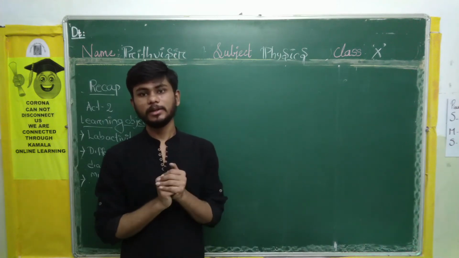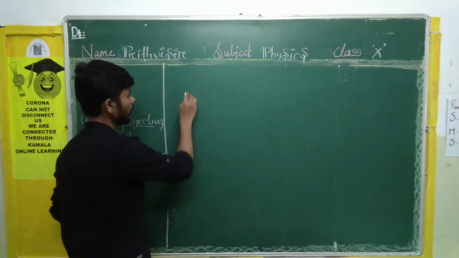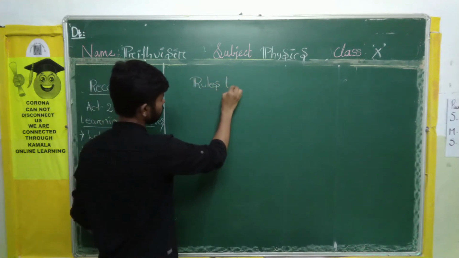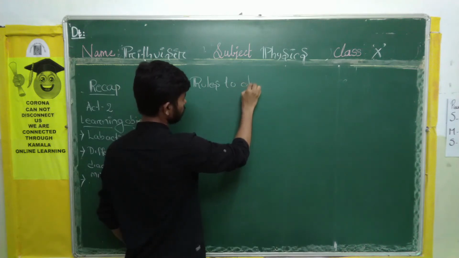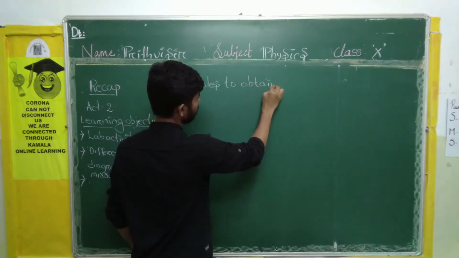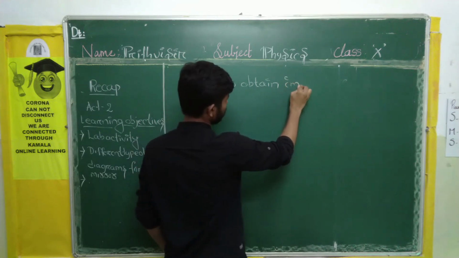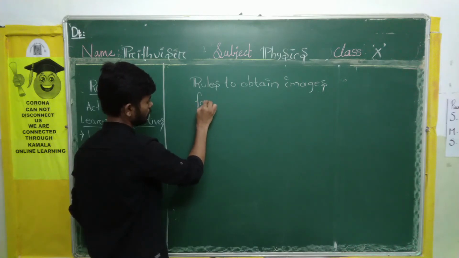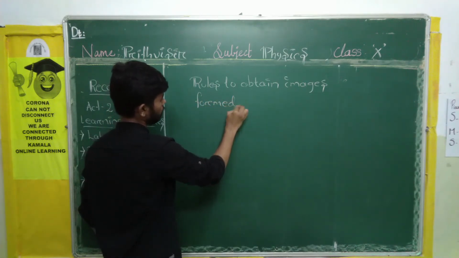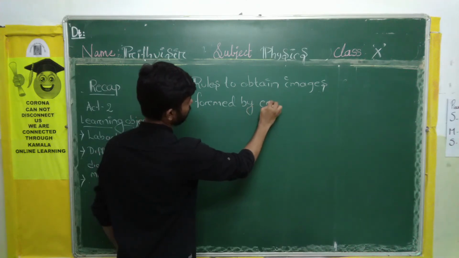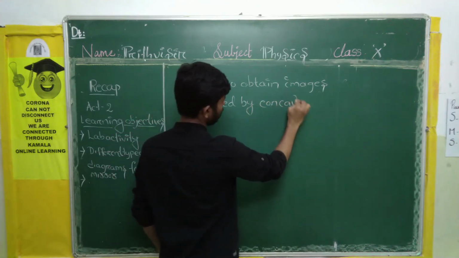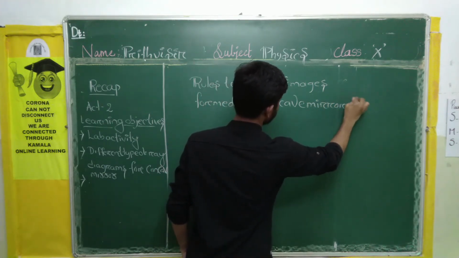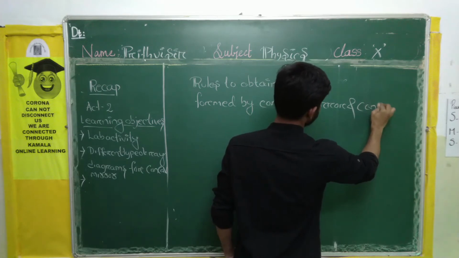Now let me explain to students what ray diagrams are. First I will write the rules to obtain images formed by concave mirror and convex mirror.